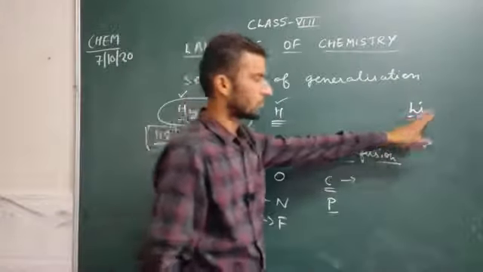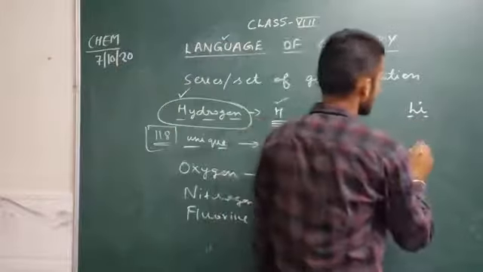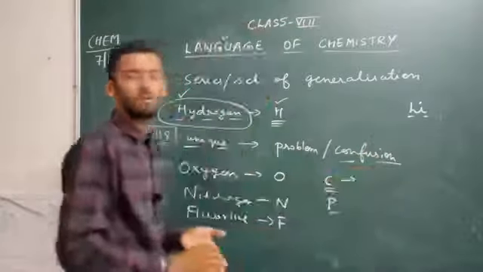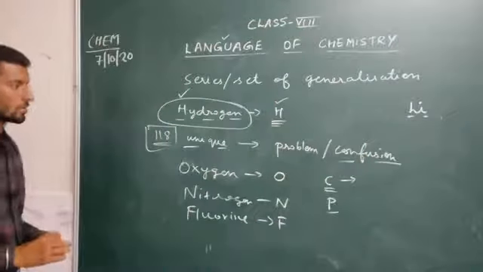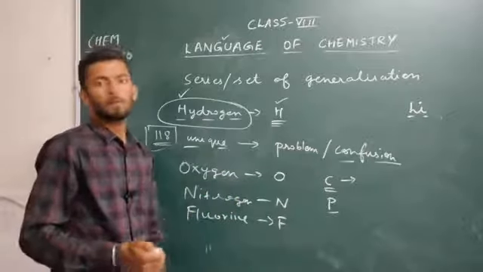Here two different alphabets are chosen, Li, and we will study why two different alphabets have been chosen. But these are the simple examples, many more examples are there.